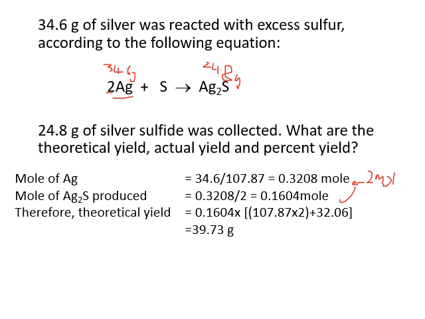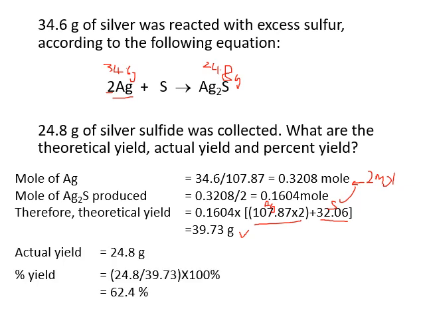That value times by RMM: argentum is 107.87 times by 2, plus sulfur, 32.06. That will give you theoretical yield. So once you have this, you can find the actual yield. 24.8 over 39.73 times by 100. That will give you 62.4%.